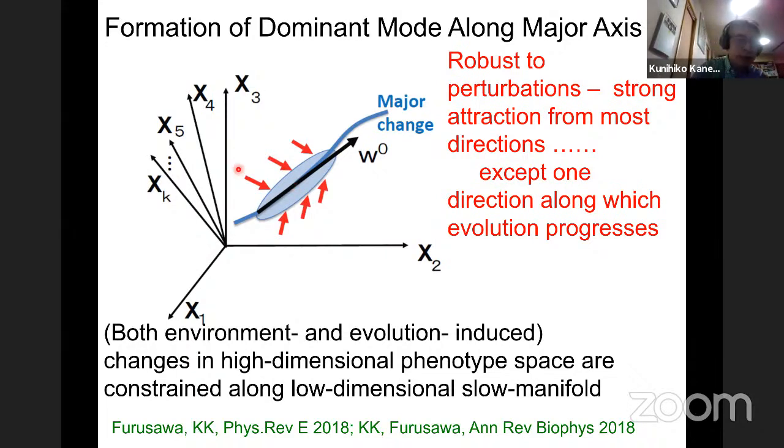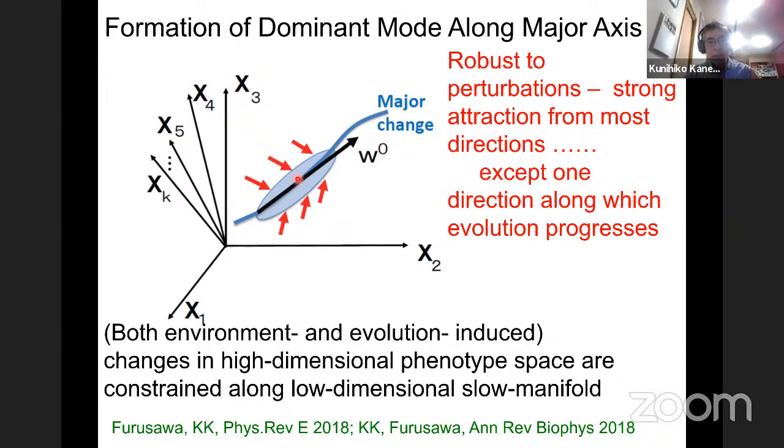If you put in some noise, for the system to be robust, it should come back to the original state rather fast. So there is strong stability. Many perturbations go back to this original state, so there is strong attraction to this original good state.